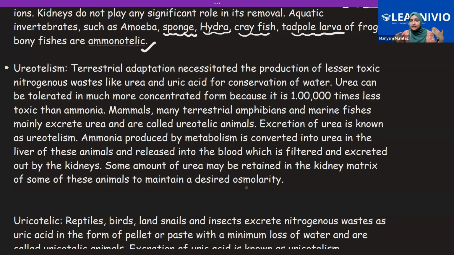Since they do not have water in their surroundings, they cannot afford the loss of excessive water from their body. So in order to conserve water, they excrete the less toxic nitrogenous wastes such as urea and uric acid.